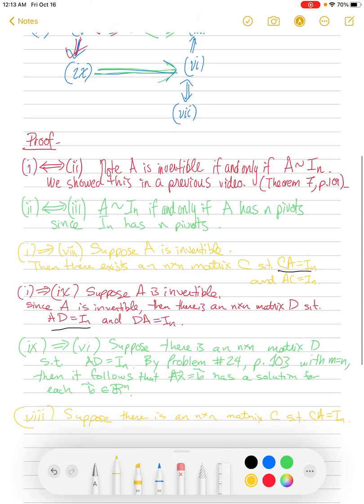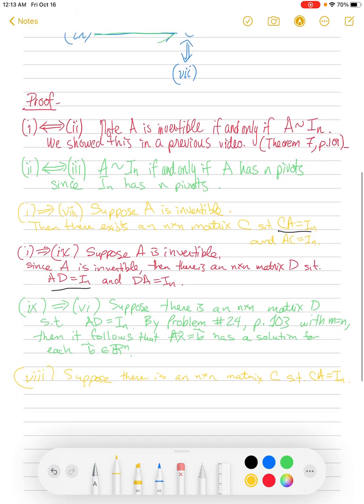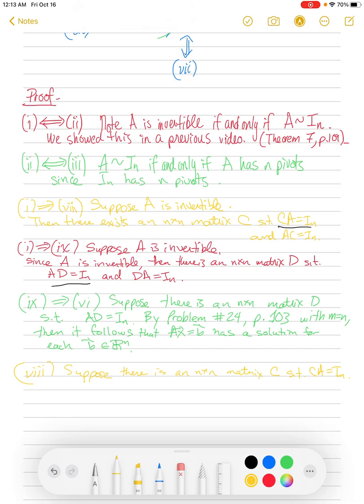What do we want to get to number 4? AX equals 0 has the trivial solution. Well, if you go back to problem 23, so by problem 23, this was section 2.1, I believe. This is page 103. This was a homework question. I actually did this one in class with if you let m be equal to n. So in the book, they were using m. Here we're just going to let m be equal to n.